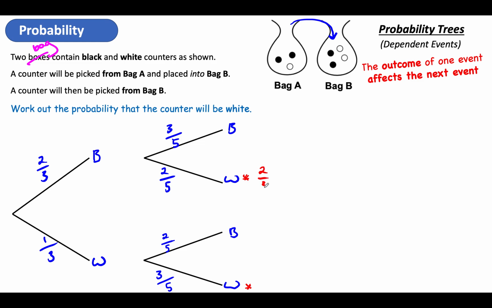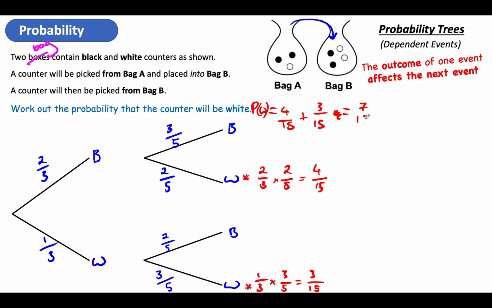So 2/3 times 2/5 equals 4/15, and 1/3, because we got the white there, times 3/5 is 1 times 3 is 3, 3 times 5 is 15. And so the answer that we want, the probability of getting a white on the second time you take it out, will be those 2 probabilities added together: 3/15 plus 4/15 equals 7/15.